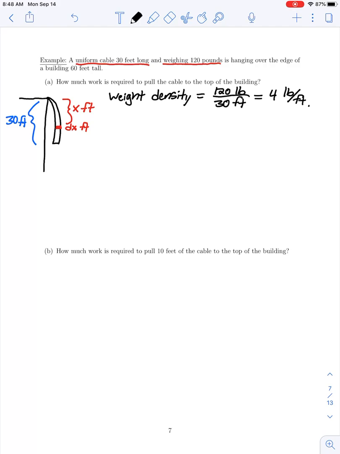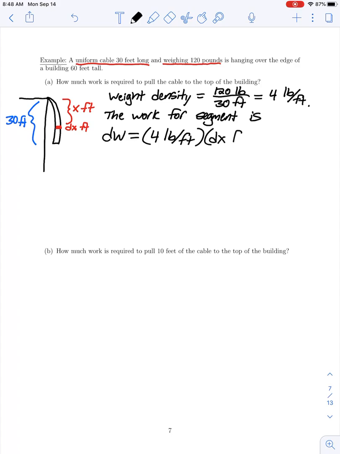The work for our segment is a differential of the total work for the entire cable, and I would find the force needed to lift that segment by taking its weight density of 4 pounds per foot, multiplying by the length of that segment, which was dx feet. So this gives me the force needed to lift this. It would be 4 dx pounds.